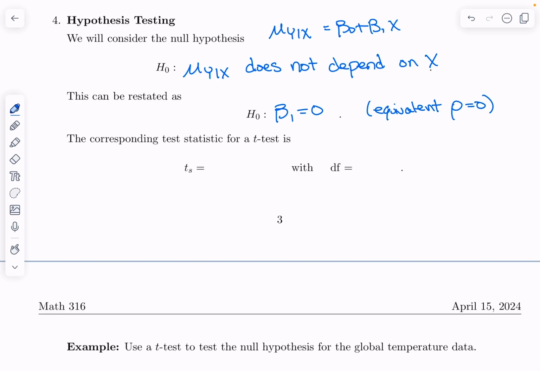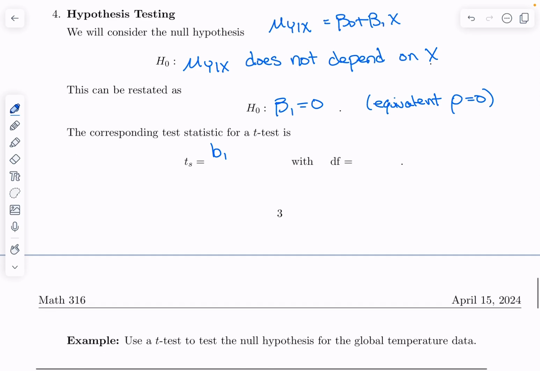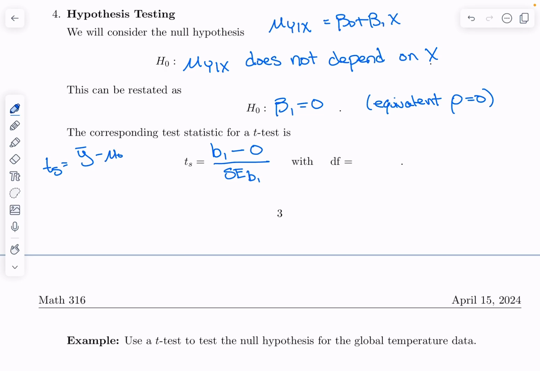Now, the corresponding t-statistic for a t-test is one that's going to make sense. It's that B1, we're comparing that estimate of slope to 0, and then we're dividing it by standard error. So you'll remember that before we had a t-statistic where we would take our average y, subtract off some known mean or some published mean, and then divide by the standard error of y bar.